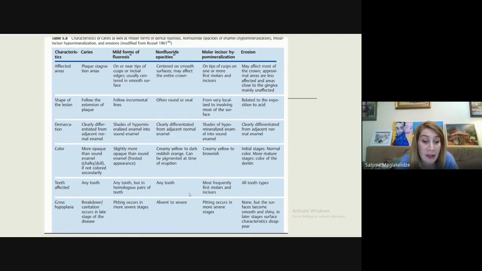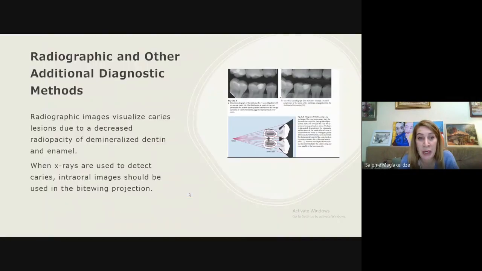And cavitations and breakdowns occur in a late stage of this disease. So yes, in other scenarios, you could see that this is not so obvious for non-carious diseases.